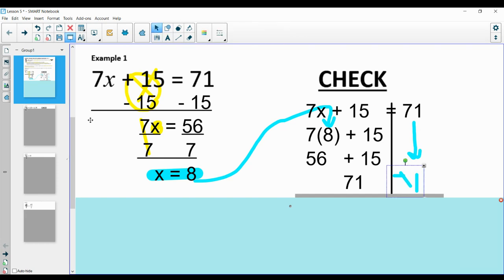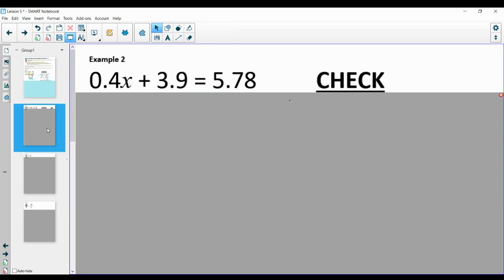Okay, let's look at the next one. The next example has decimals. Decimals are really annoying, but you have a calculator, so they're not really anything you should be scared of. So we want to get the x by itself. To get the x by itself, I'll need to get this whole term right here, the 0.4x, by itself. So what do I need to get rid of?